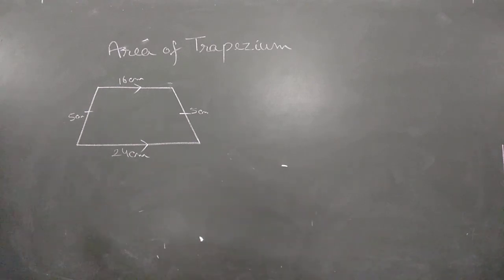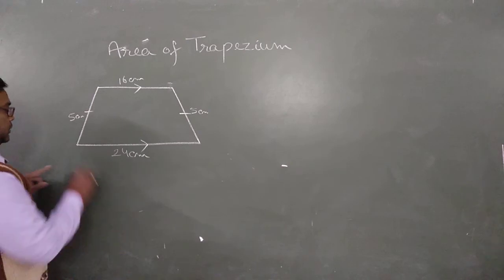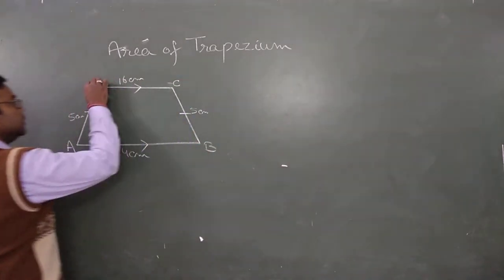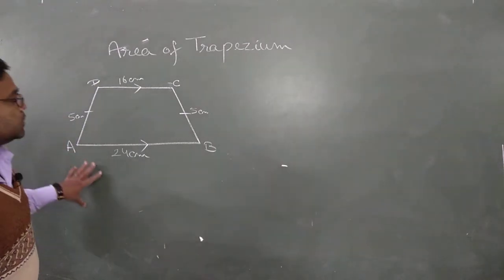First we draw a parallel line. Suppose this is your trapezium A, B, C, D. Now we have to make some construction.